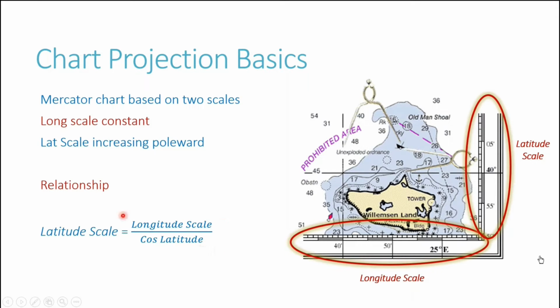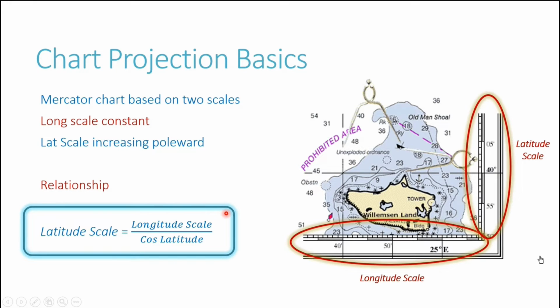As is clear from this formula also, as the latitude keeps on changing, the latitude scale also changes. So this relationship is a very important relationship to understand the construction of a Mercator chart. So this should be memorized.